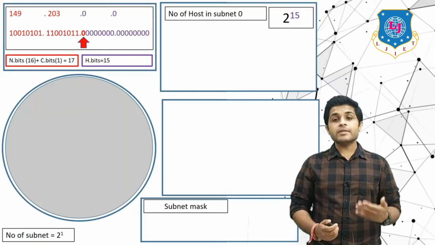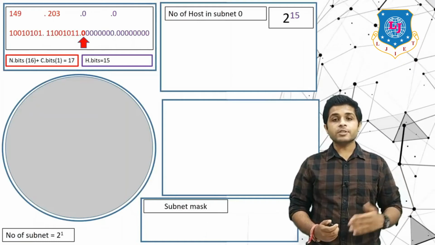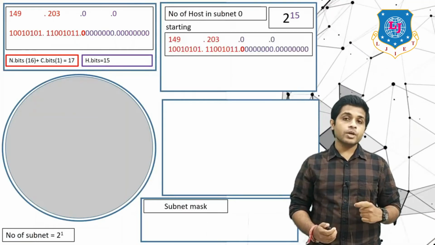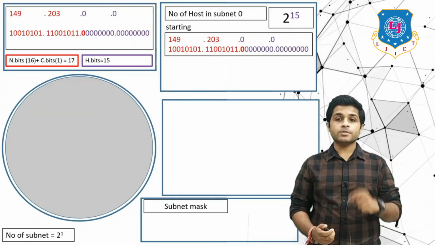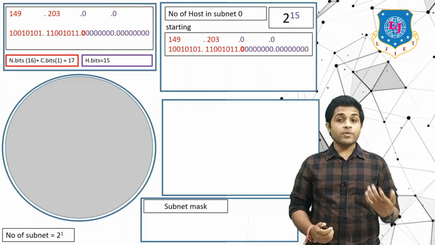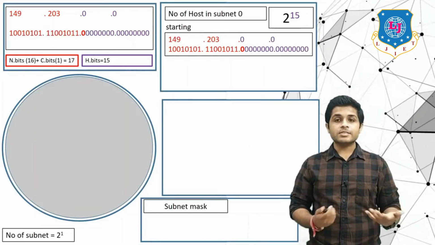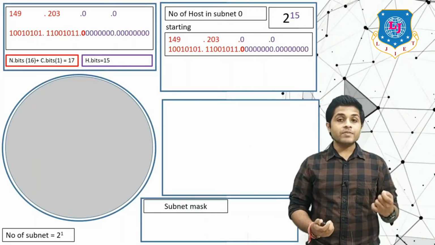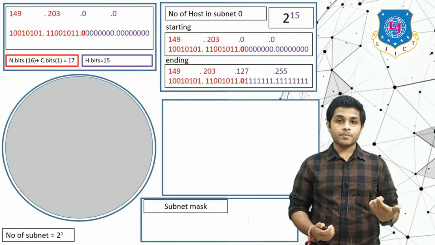Now let's find the first IP address in subnet 0. To find the first IP address, we will set all the host bits to 0 and you will get 149.203.0.0. Now let's find the last IP address of subnet 0. To find it, we will set all the host bits to 1.